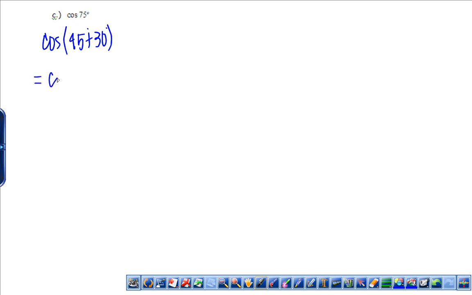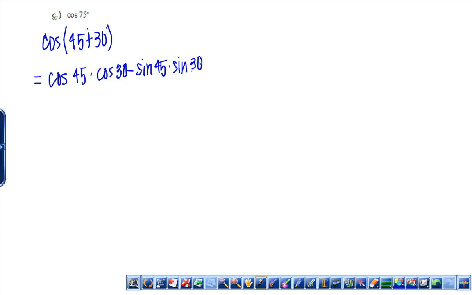Okay, so that would give us cosine of 45 degrees. Using our arguments at the bottom of the formula sheet, we could do cosine of 45 and cosine of 30 minus sine of 45 times sine of 30 degrees.